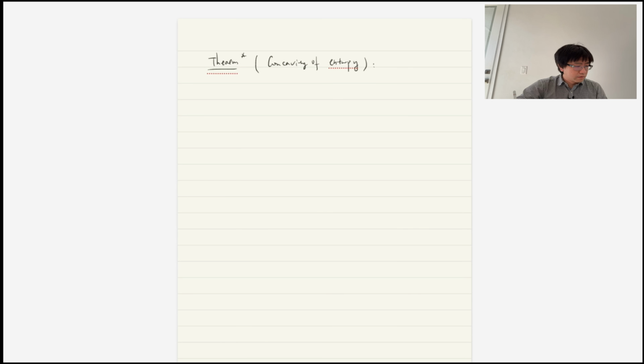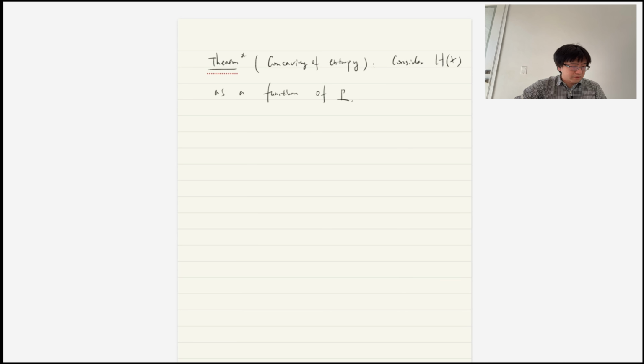Okay, so we consider H(X) as a function of P, right?